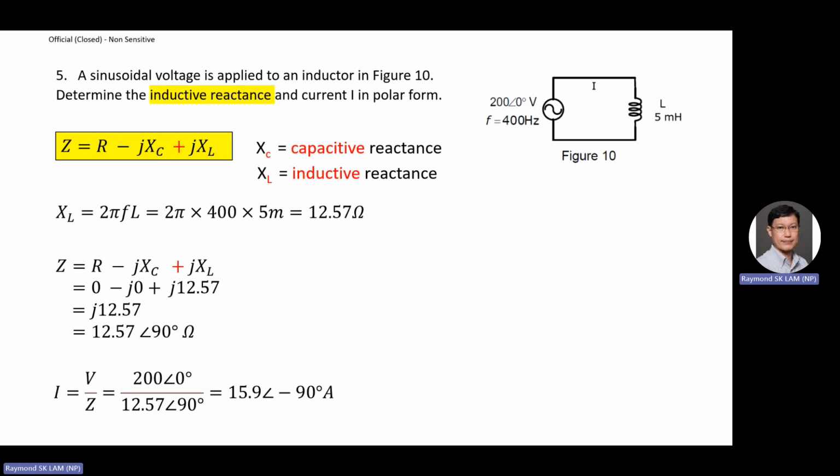Now we want to calculate Z. You just copy the formula. You look at the circuit. Is there any resistance? In this circuit, there's no resistance, so R is 0.